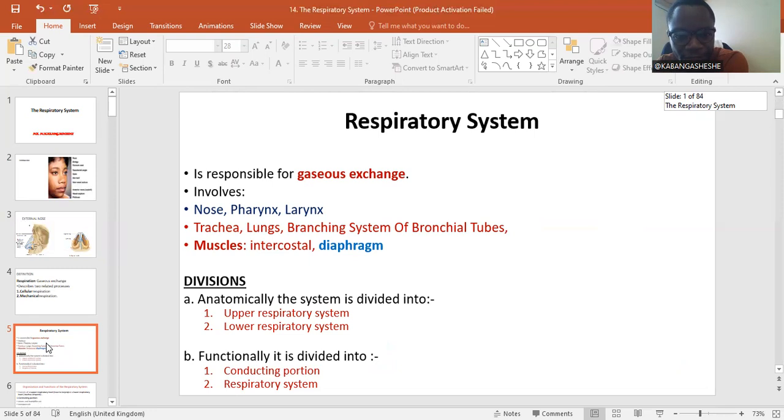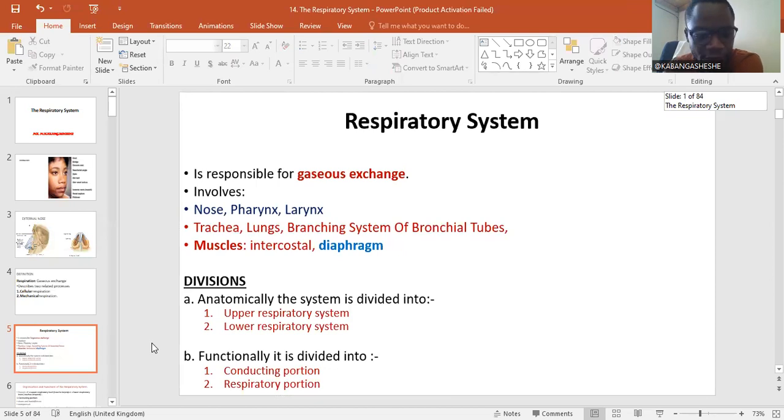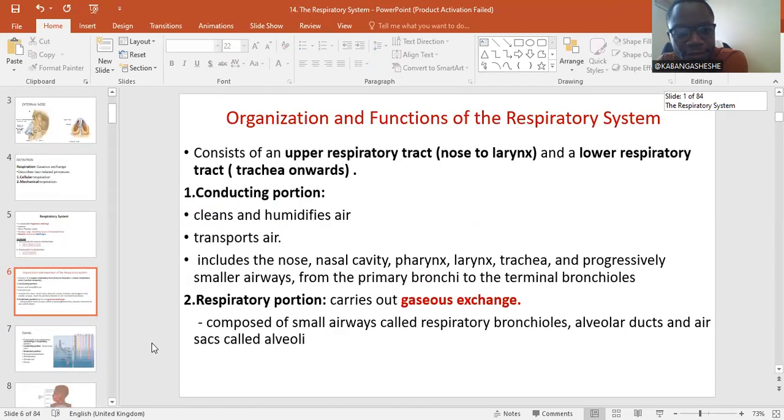The anatomical one is the one where we talk about the upper respiratory tract and the lower respiratory tract. The physiological one is the one where we talk about the conduction portion and the respiratory portion. So it's supposed to be portion here, not system. Okay, so those are the four divisions based on those two systems.